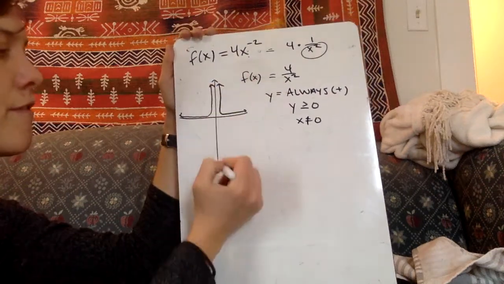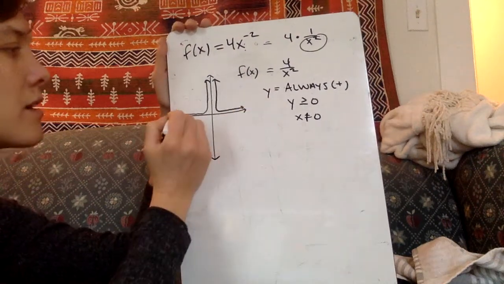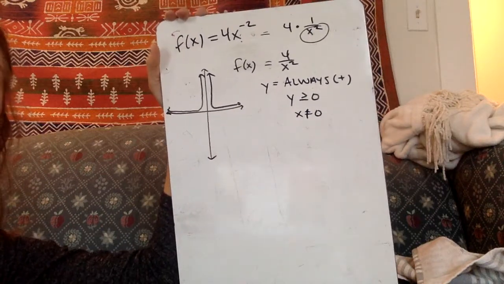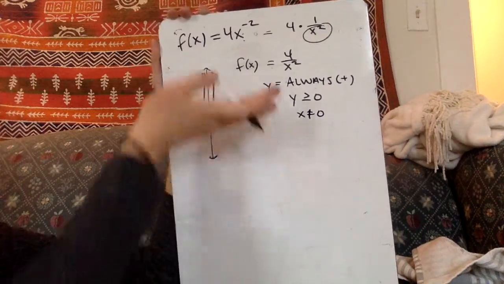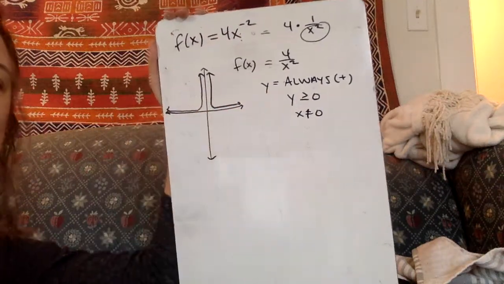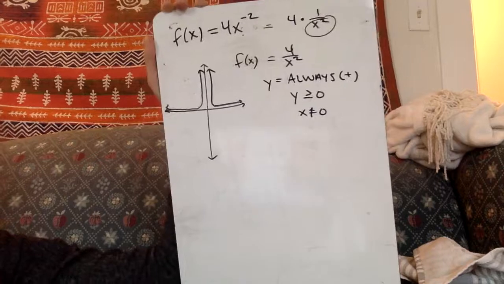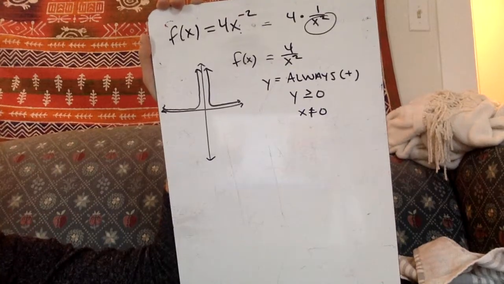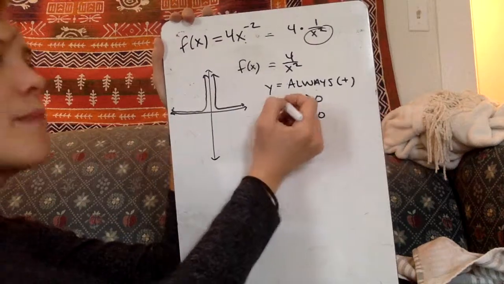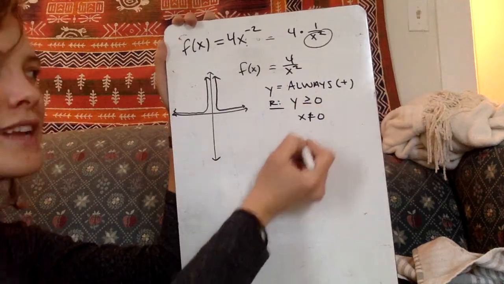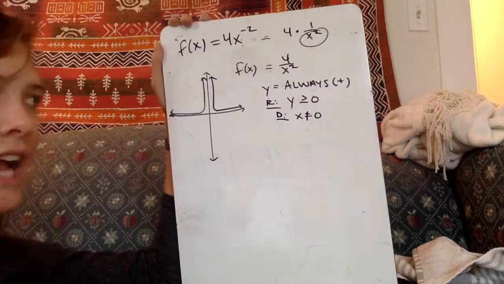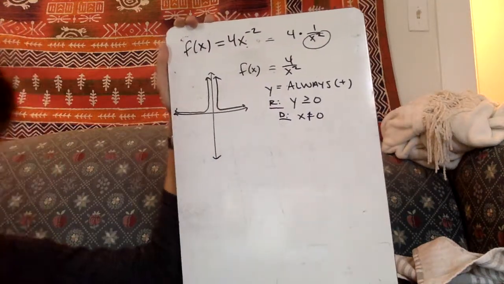When I have these even negative powers, the function value is always going to be positive. Unless it's a negative coefficient, I'm never going to have any values in this lower half of the graph, so for negative y's. And so again here, my range is that y is greater than or equal to 0. My domain, or my x values, x does not equal 0, but it can be equal to anything else.